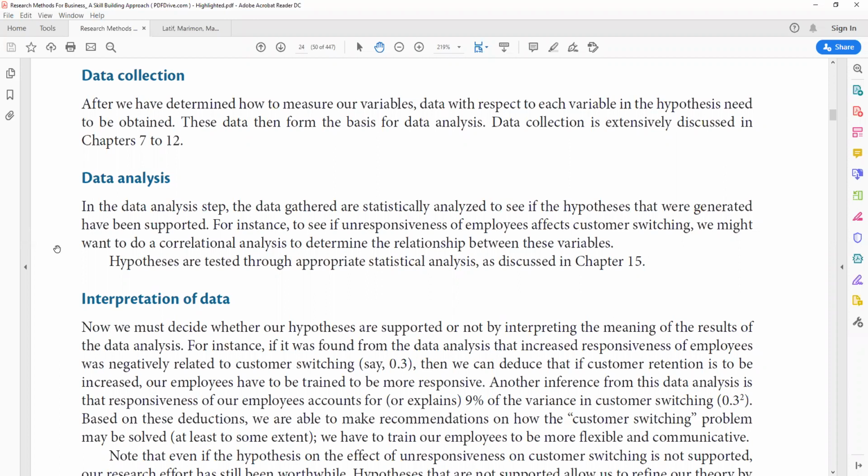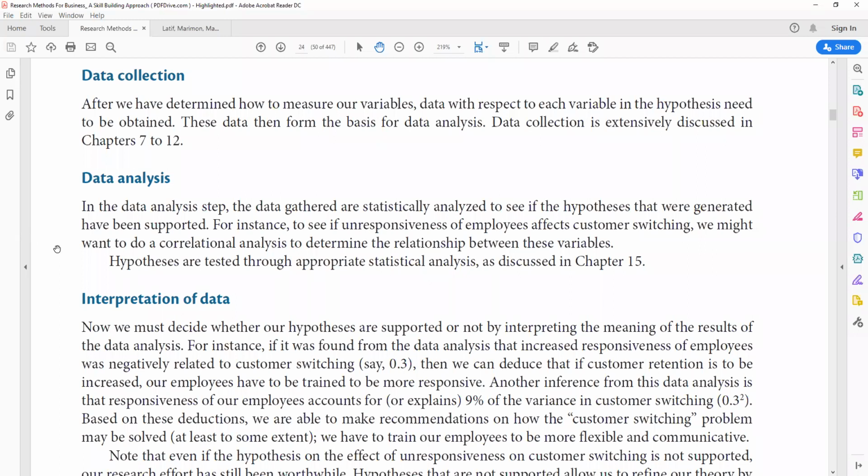So you go out in the field and you identify your respondents. This is sampling technique. We have a whole session coming up on that as well. The sampling techniques will be discussed later in greater detail. So you go out and you collect your data.